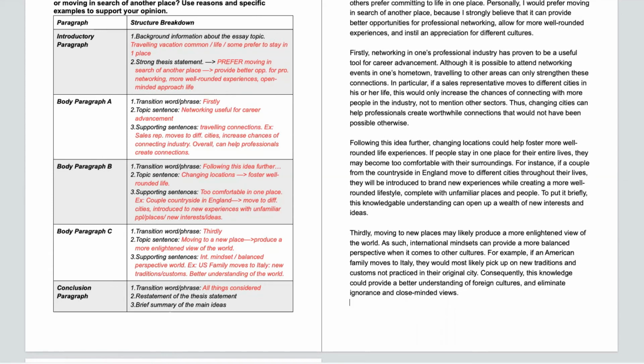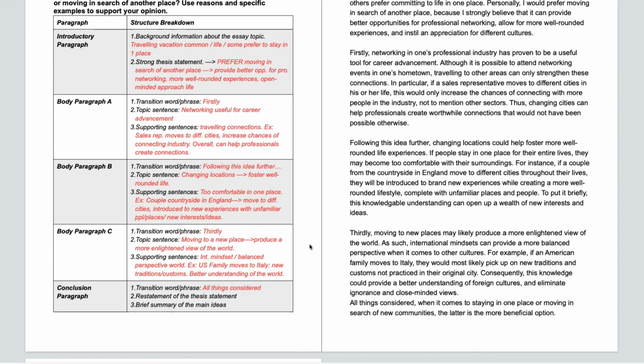Lastly, we've got our conclusion. So I'm going to start with all things considered. When it comes to staying in one place or moving in search of new communities, the latter is the more beneficial option. So here, this was briefly my reinstatement of the thesis statement.